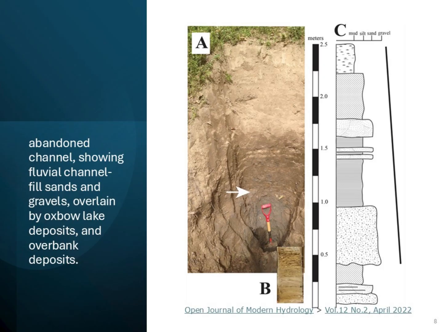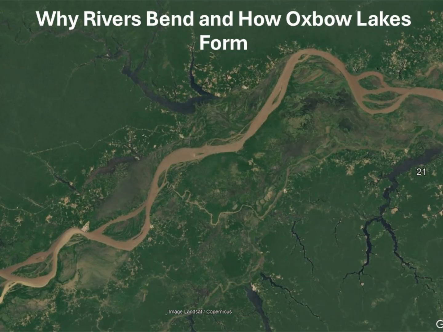By understanding how rivers migrate and leave behind abandoned channels, we gain insight into how landscapes evolve and how the past is recorded in the subsurface. When we look at a meandering river, we're not just seeing water flowing downhill.